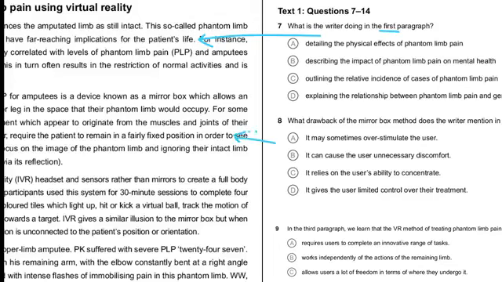So the questions follow the order of the text. Sometimes you'll get more than 1 question per paragraph, but most of the time it's 1 question per paragraph and they never go out of order. So you won't have question 7 about this and question 8 about that.